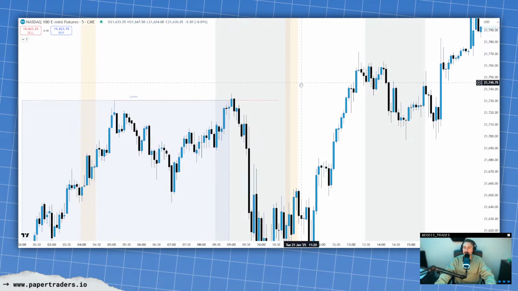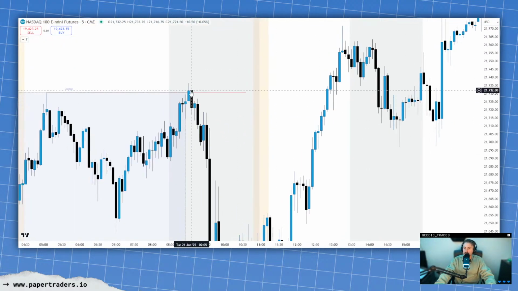So, we swept that. This candle right here, this next down move candle, does not hold the closing price of our bullish candle, our up close candle. Up close because we close to the upside, down close because our close is below.